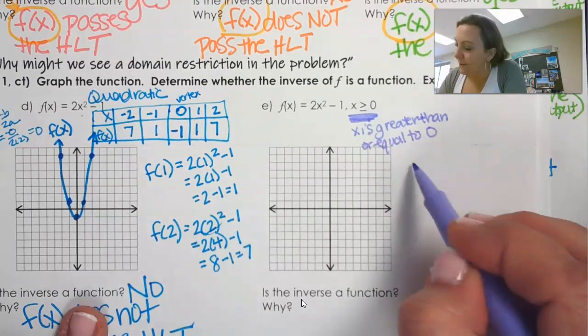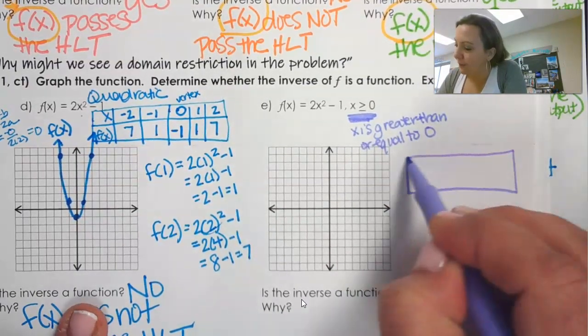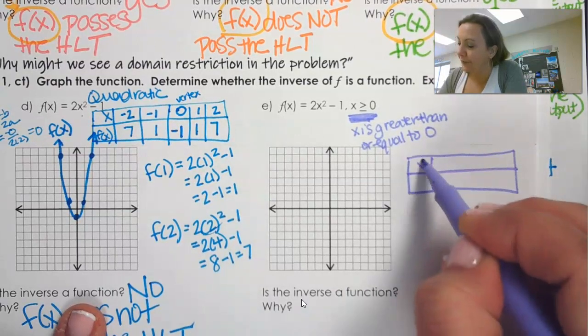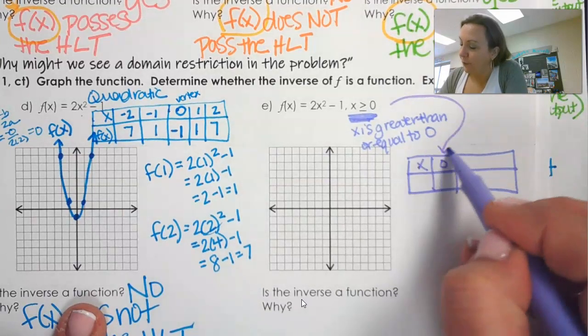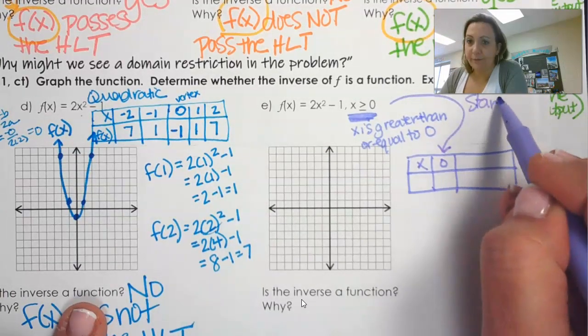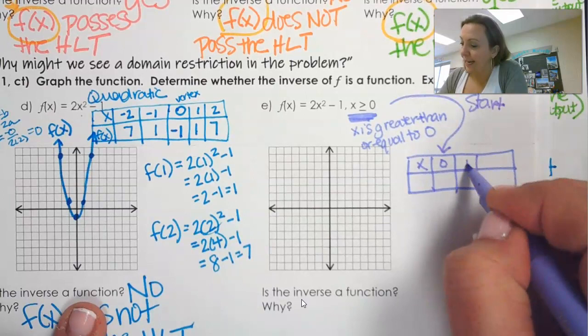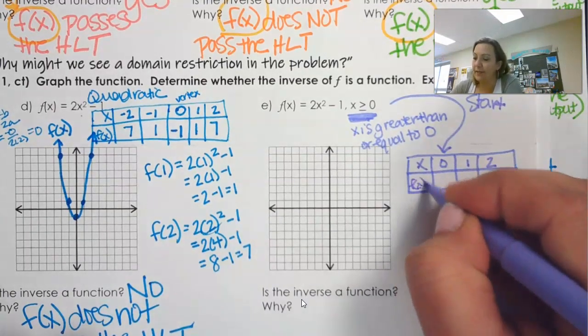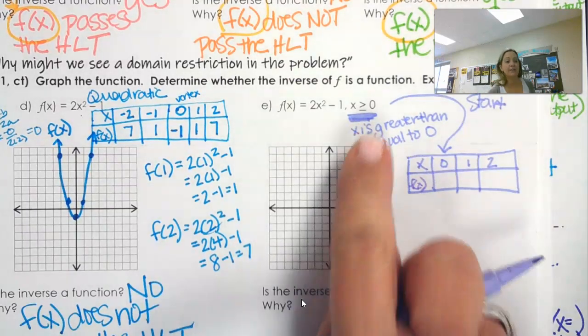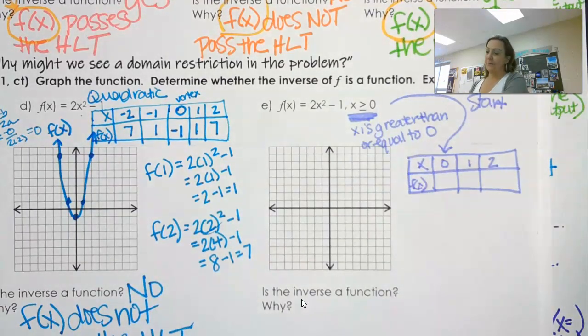And so what that means is that if I'm going to be making a table of values, this 0 is where I'm going to start. I'm just going to have values like 0, 1, and 2 because I only want x values that are greater than or equal to 0.